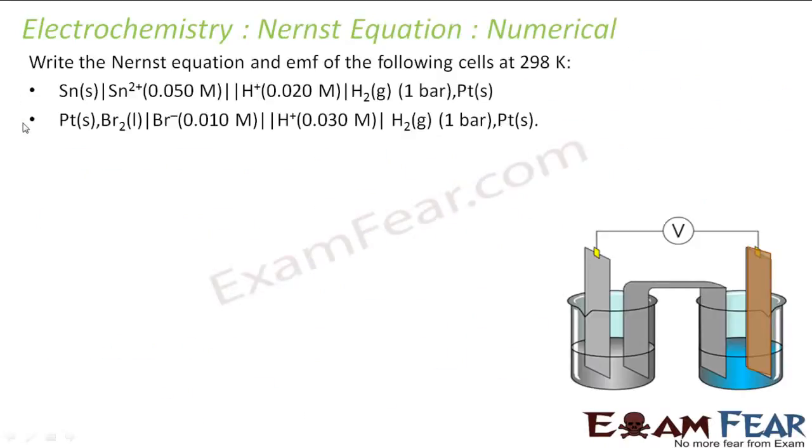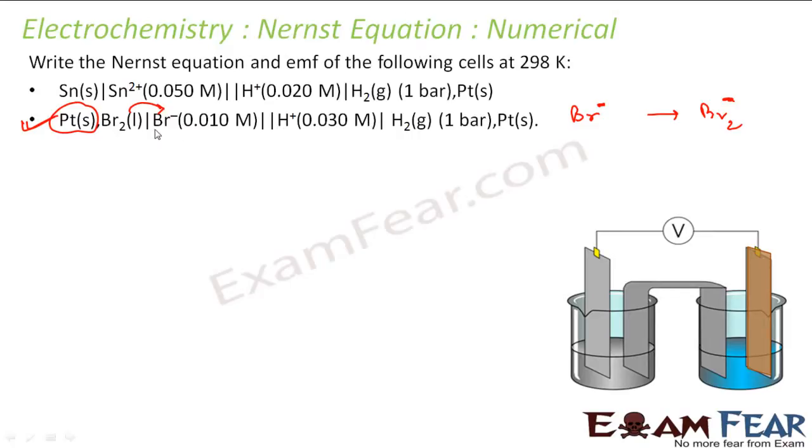Similarly, we can solve this part also. Here also we need to first find the balanced equation. So the platinum is just a catalyst. Sorry, it's getting oxidized, because it's the oxidation reaction. So Br minus is getting oxidized to Br2, and then we have H plus to H2, which is reduction. There is something wrong here actually.